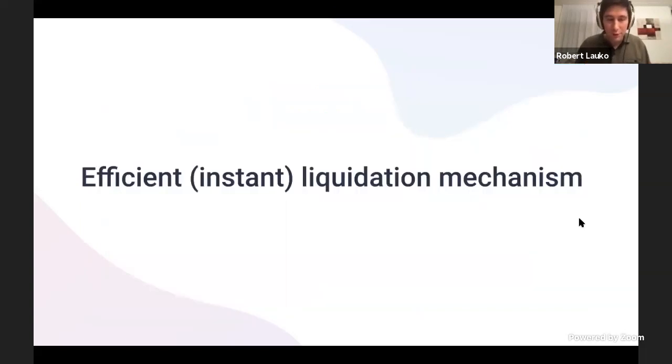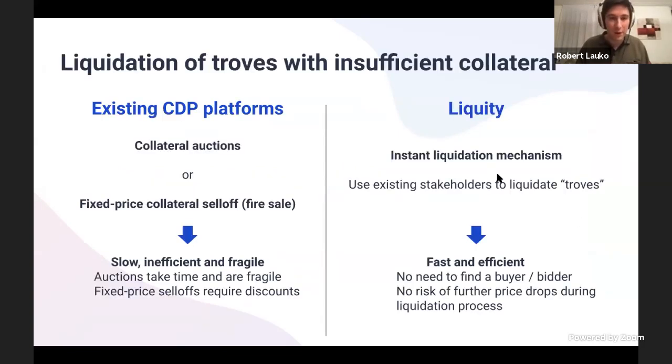So let me first of all give you more details on our instant, efficient liquidation mechanism. If we compare it to what existing CDP platforms do, when a position becomes undercollateralized, they either do collateral auctions where they basically sell the collateral to the highest bidder, or they just sell the collateral at a fixed price.